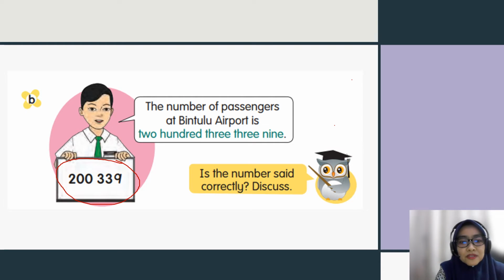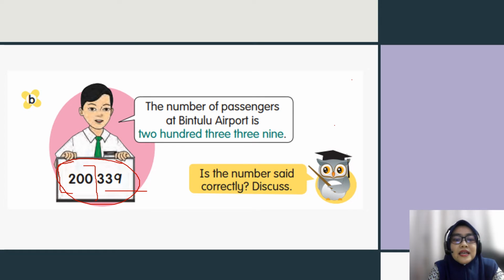The first part we stop at 1,000, and the second part is next. So first we have 200,000: we have 2 at 100,000, and 0 at 10,000 and 0 again at 1,000. So the first part we have 200,000, and the second part we have 339. So this boy said it wrong.